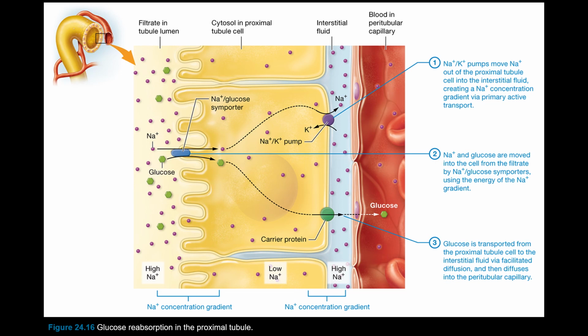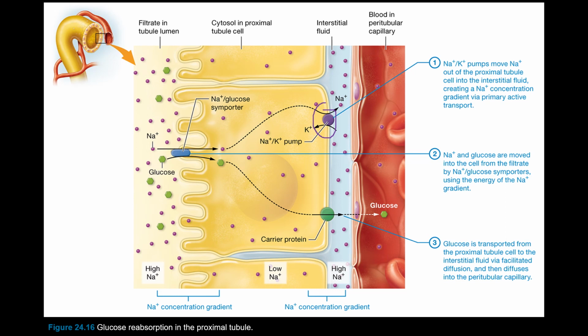And it all starts with this sodium-potassium pump down here in the basolateral membrane. It's going to push sodium out of the cell into the interstitial fluid and pull potassium in. This creates a low sodium concentration inside the cytosol of the tubular cell.